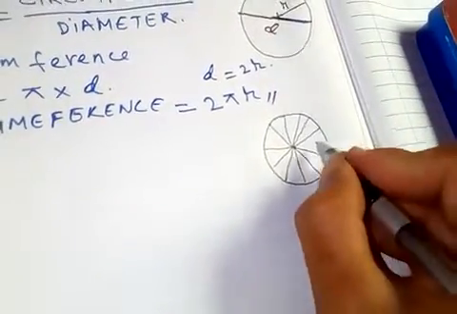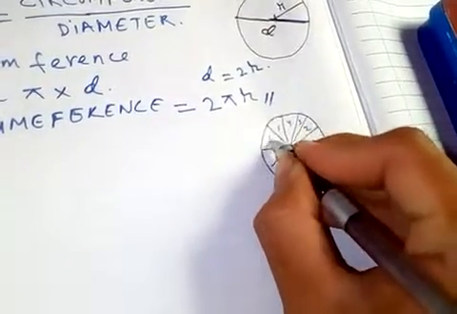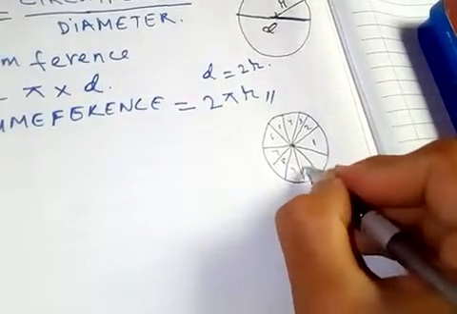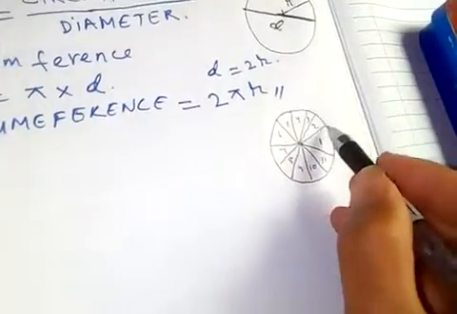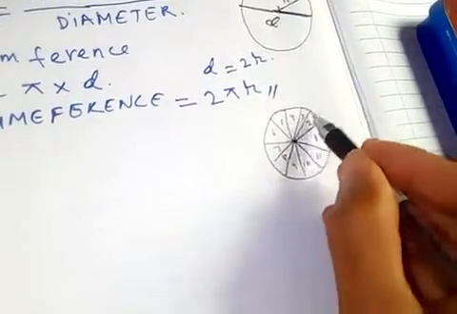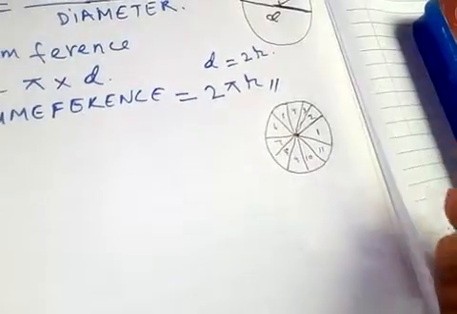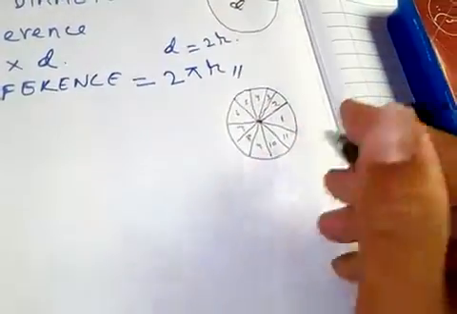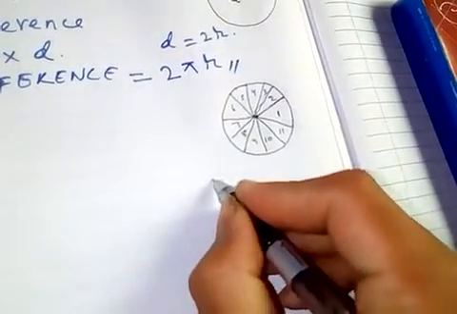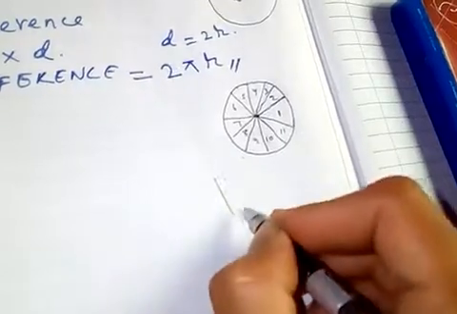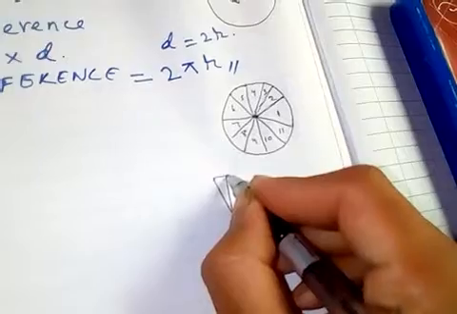Let me number them 1 2 3 4 5 6 7 8 9 10 11, so that we will not get confused. Now take the scissors and cut along all the lines. Now join them together again, and you'll get a figure like this.